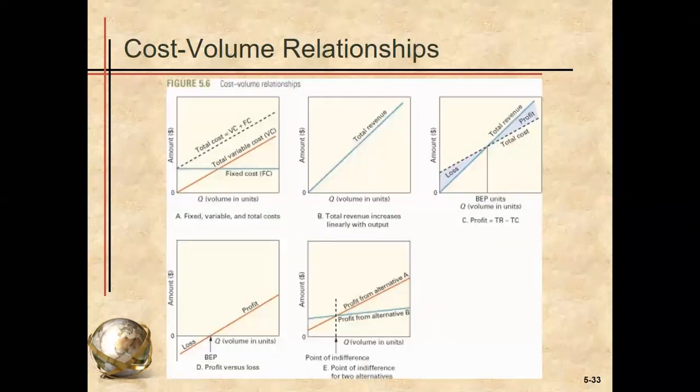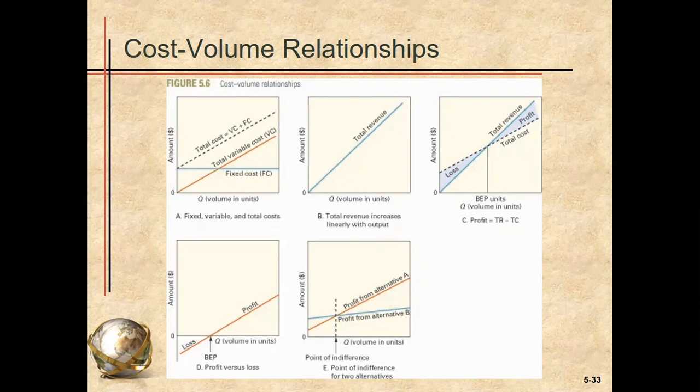Cost volume relationship, you can check also here, consists of several kinds of cost volume relationship. Okay, this is the fixed, variable, and total cost relationship. This one is total revenue, which increases linearly with the output. And then this is the total revenue minus the total cost.